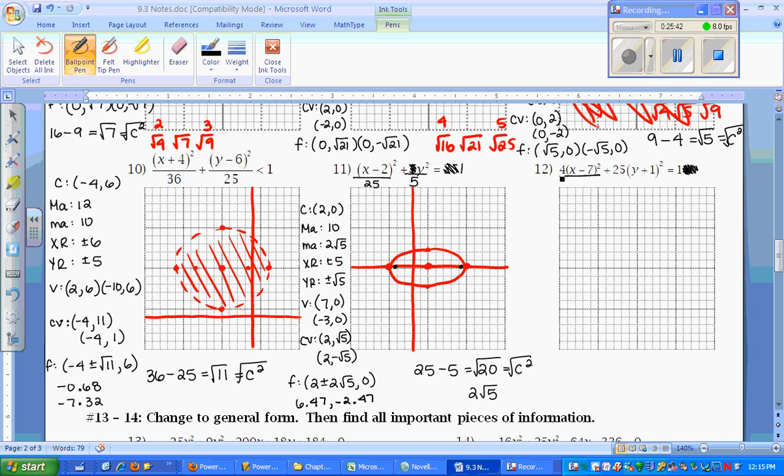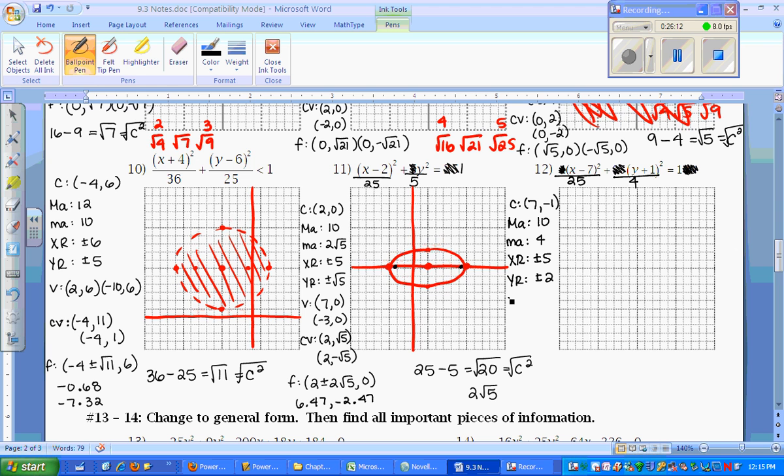When I divide everything by 100, 4 over 100 becomes 1/25. 25 over 100 reduces to 1/4. So my center is at 7, negative 1. My major axis, the square root of 25 is 5, doubled is 10. Minor axis, the square root of 4 is 2, doubled is 4. The x radius is plus or minus 5.